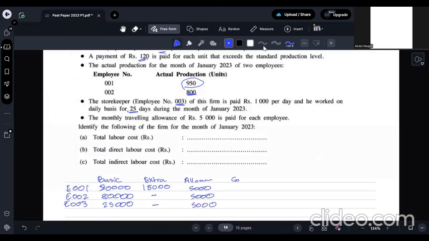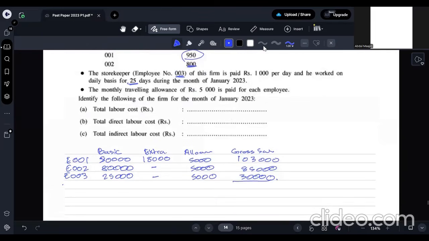Then what will be the gross salary of each employee? Employee 1, 80 plus 18 plus 5, 103,000. Then here 85,000, 30,000. Okay. Total labor cost will be the total gross salary: 103,000 plus 85,000 plus 30,000, 218,000 will be your total labor cost.